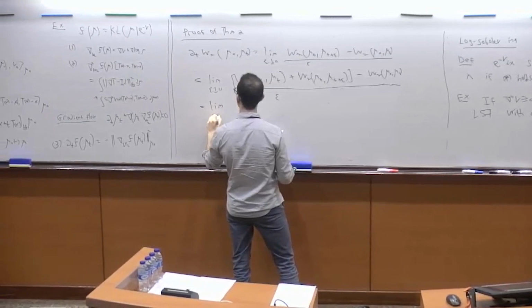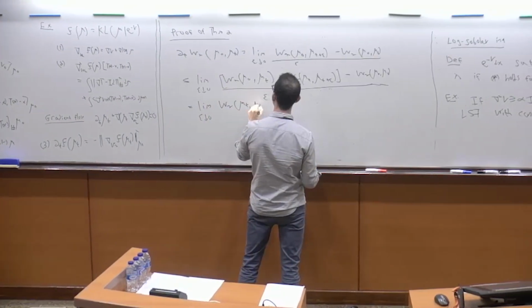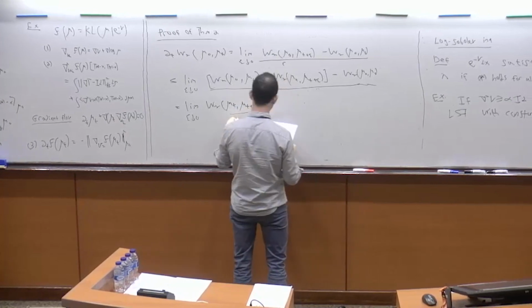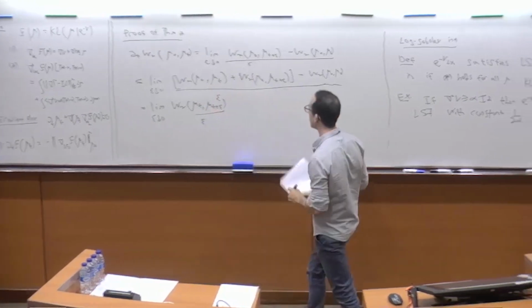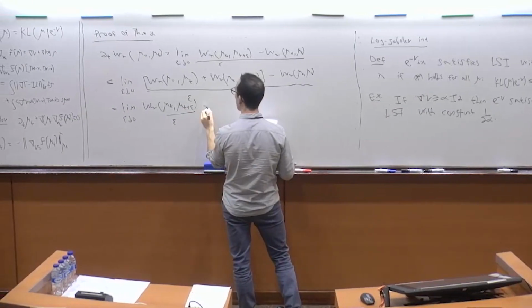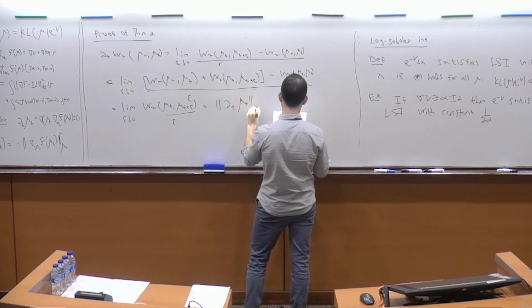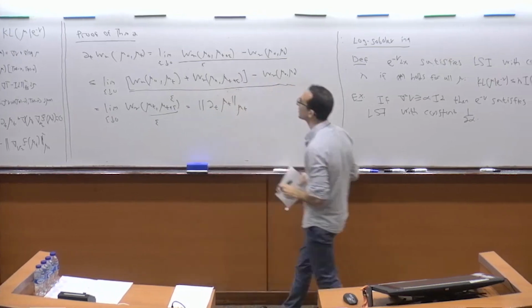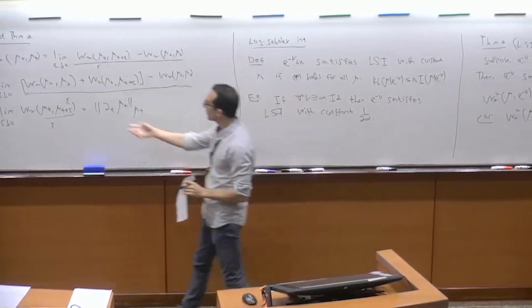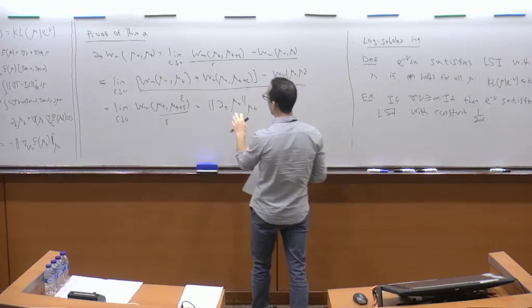So we get the limit as epsilon goes to 0 of the distance between mu_t and mu_{t+epsilon} over epsilon. And now we will use the Riemannian perspective, and we'll say that this is equal to the norm of the partial t of mu_t.